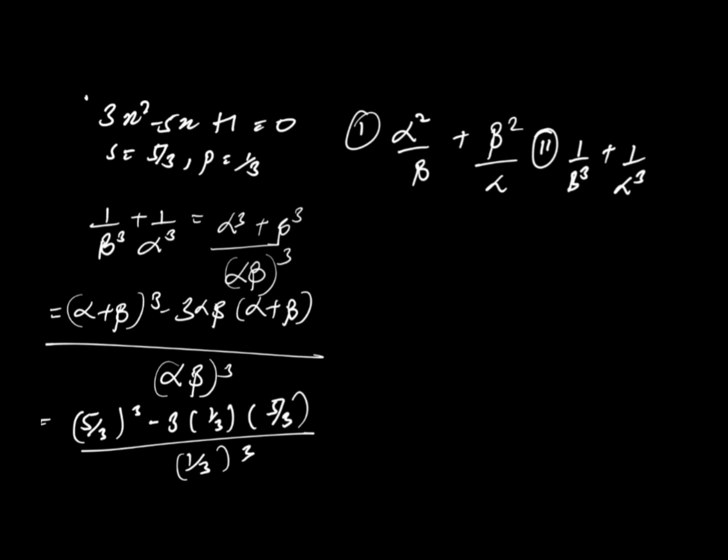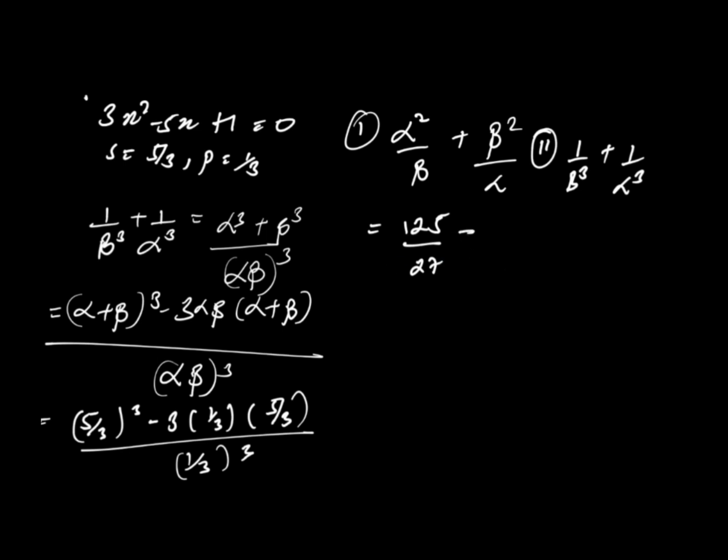So when we extend it this side, we are going to say that this is equals to 1 to 5 divided by 27, minus, this 3 will cancel with this 3, having cancelled, so I'm having minus 5 out of 3.